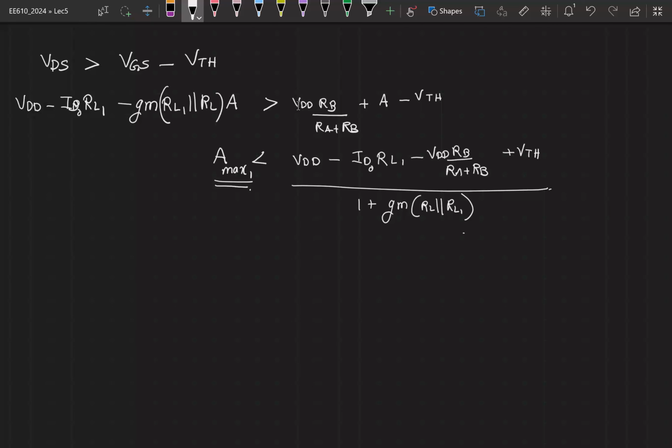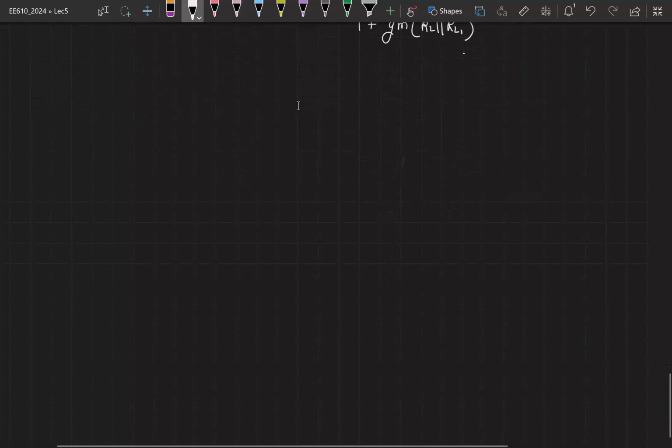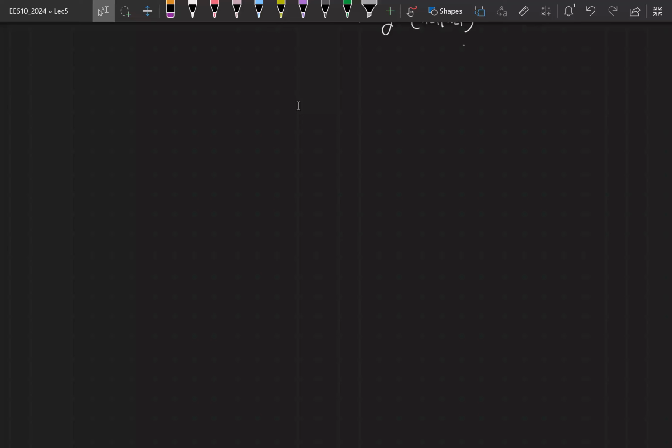Why is that a problem? The gain drops, so what? The amplifier is not... But it is amplifying for the most part, right?